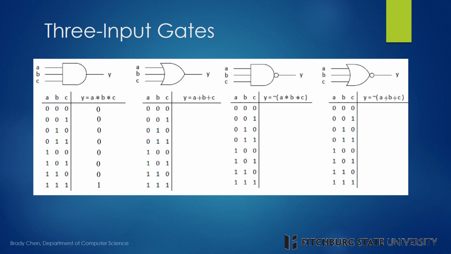And also we have a 3 input NAND gate and a 3 input NOR gate. So these are the 4 gates with 3 inputs. So that's a 3 input AND gate, and then a 3 input OR gate.